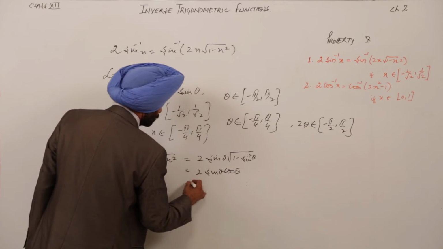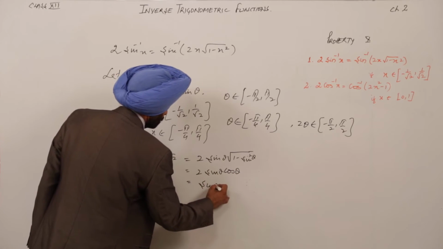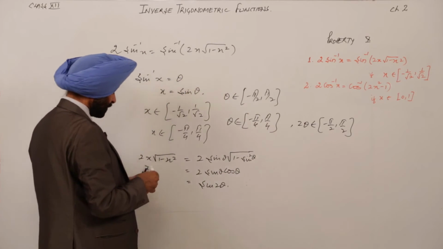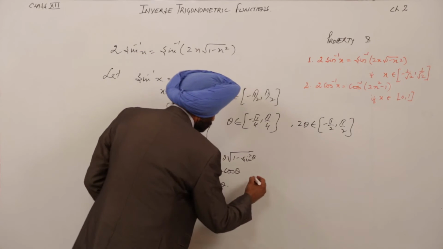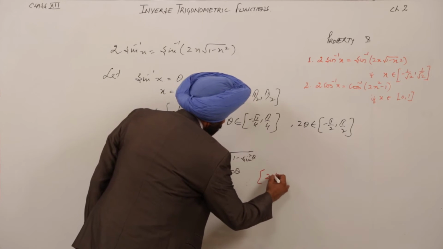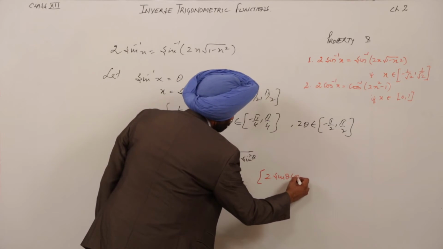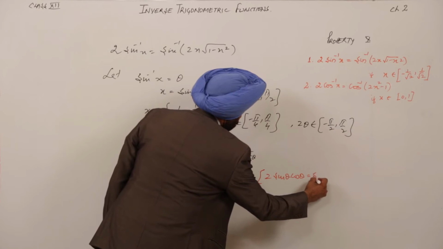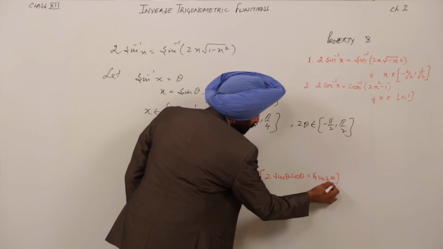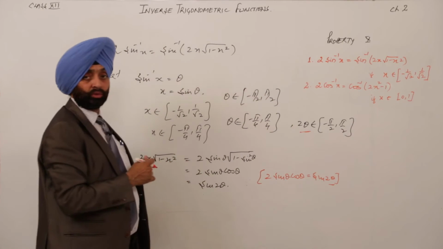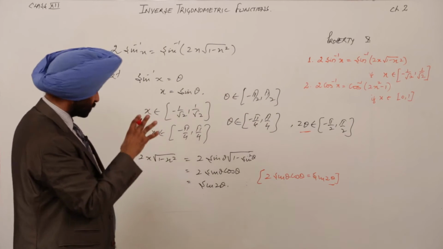And 2 sine theta cos theta is what? Sine 2 theta. So we can easily write 2 sine theta cos theta is equal to sine 2 theta. So that's why I have taken this 2 theta. Okay, this 2 theta again falls in our question side.